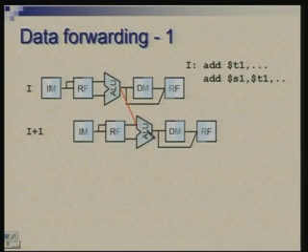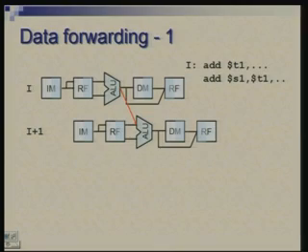So, stalling is the simplest response to the data hazard, but it is possible to do something better. What you do is data forwarding, where we try to make the data go from one instruction to another instruction as soon as it can.